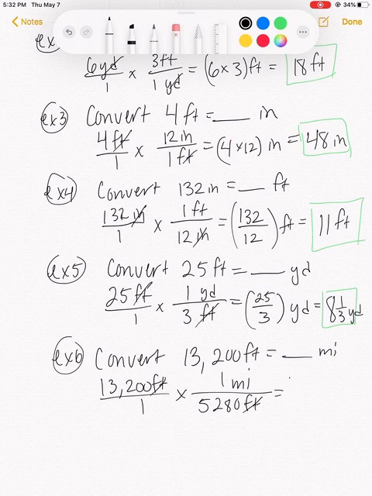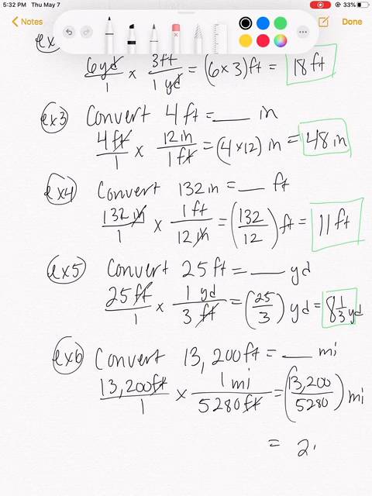What I end up with is 13,200 over 5,280 miles, and when I do the division, that's equal to 2.5 miles.